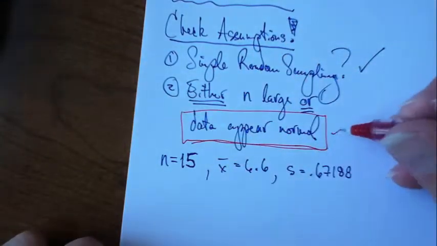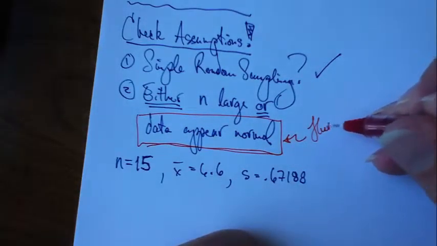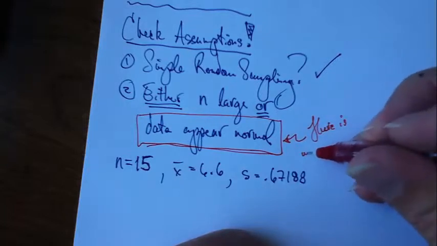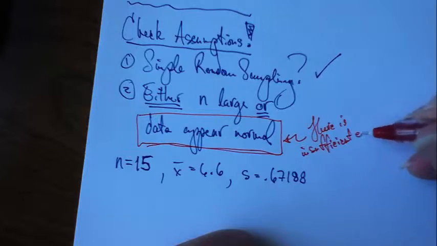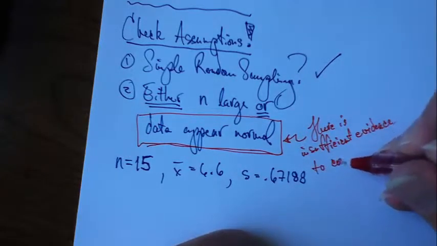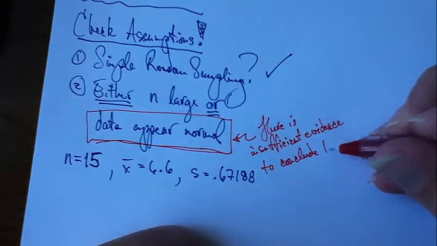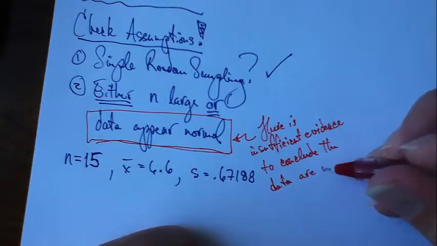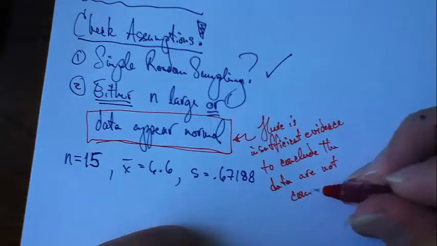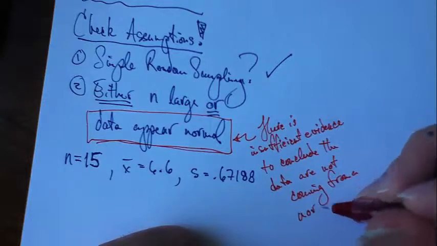technically here, what I want to say is that there is insufficient evidence to conclude the data are not coming from a normal distribution.